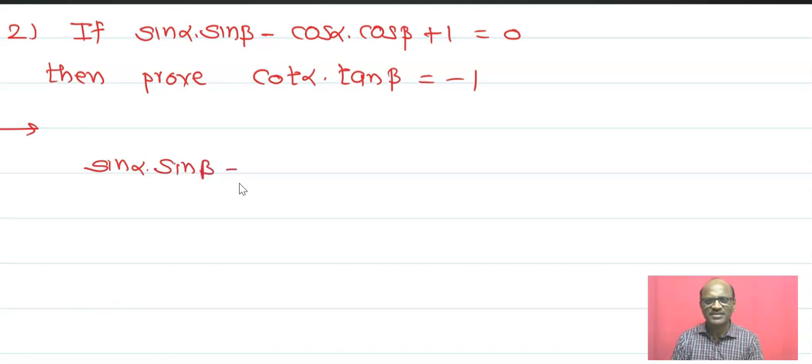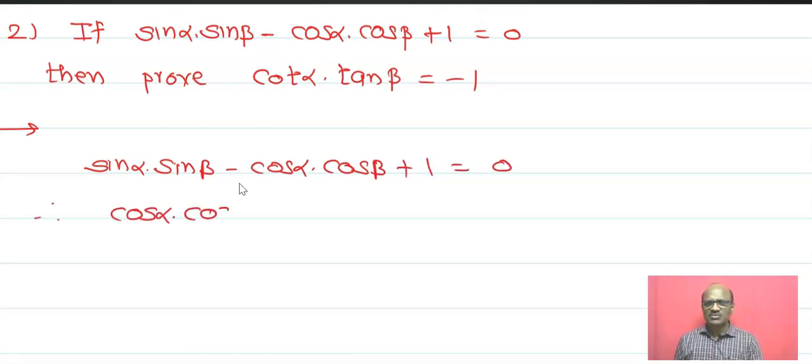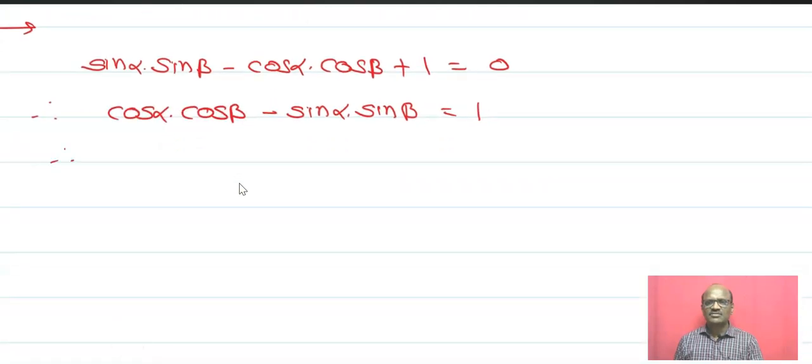Now we will prove here. That is sin alpha sin beta minus cos alpha into cos beta plus 1 equals to 0. Here, that is equals to. It is written in this manner.